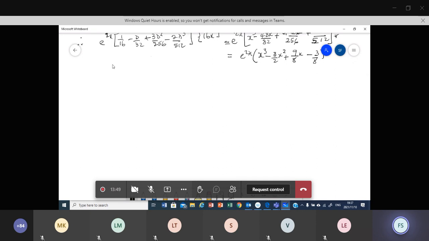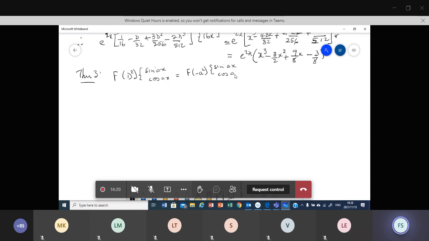Theorem 3, very important theorem, good people. Theorem 3: if we apply d squared on either sine ax or cos ax, we are going to get minus a squared times the function, sine ax or cos ax.